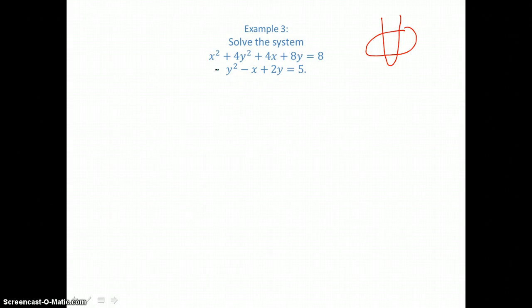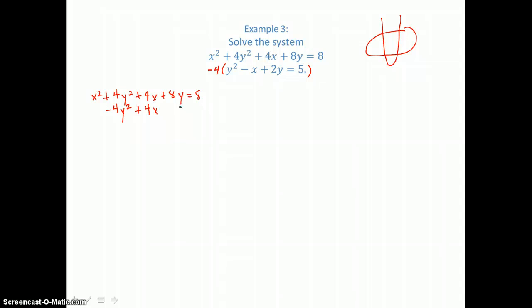If I choose to distribute through this second equation by negative 4 and then add it to the first equation, I'll have x squared plus 4y squared, this first equation, plus 4x plus 8y equals 8. And in the second equation, I'll have negative 4y squared. I'll have positive 4x.